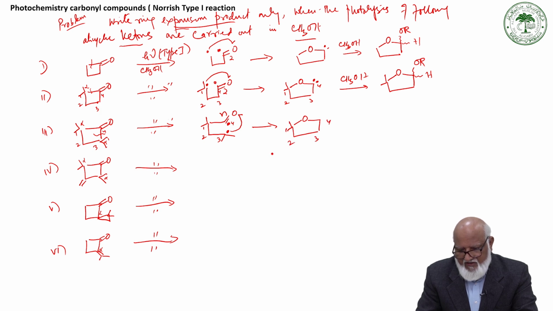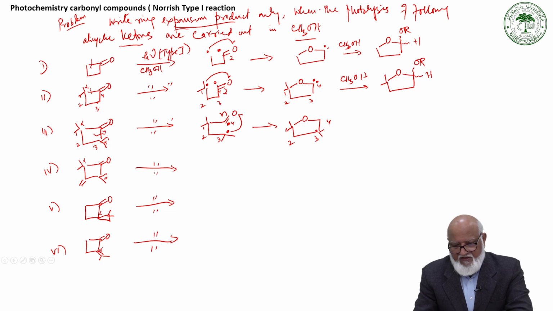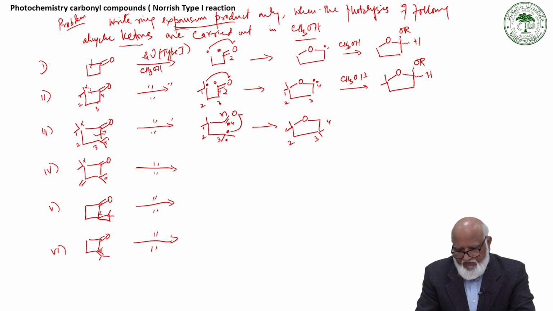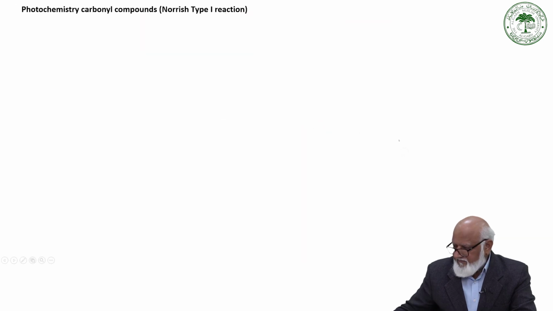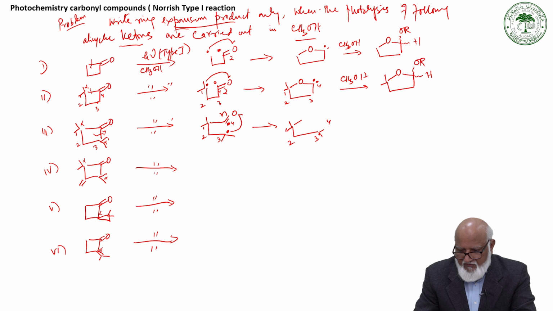There are 2 methyl groups on the 4th carbon, 2 methyl groups on the 3rd carbon. The third is going to attack on oxygen, so there is a link between the third carbon and oxygen.